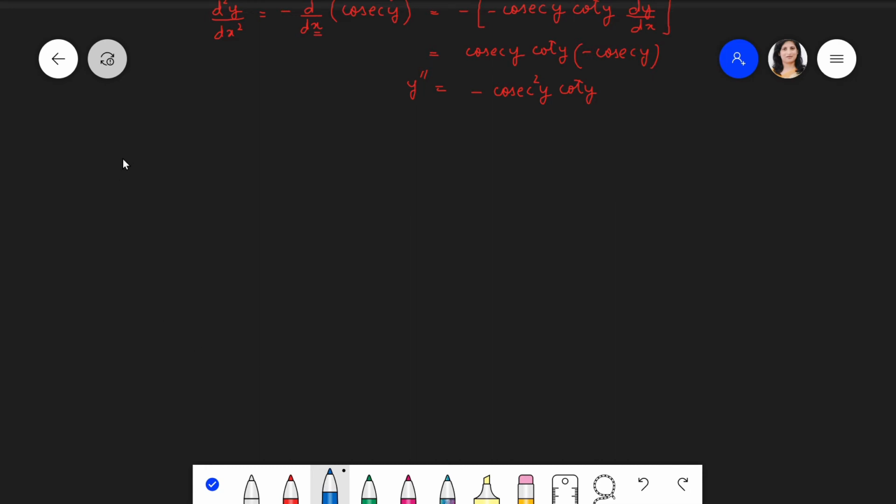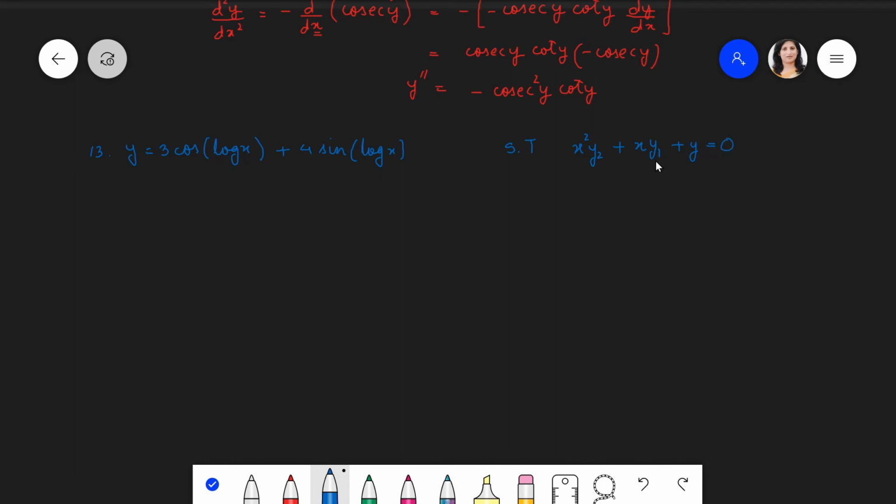Okay, next we are going to try out question number 13. So the 13th question. y is 3 cos log x plus 4 sin log x, and then we have to show that x square y2 plus x y1 plus y is 0.